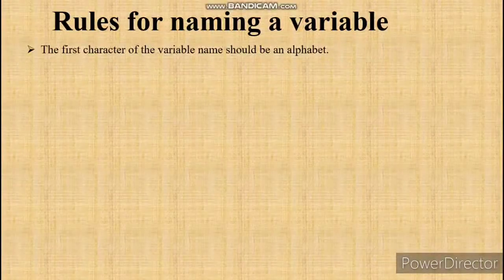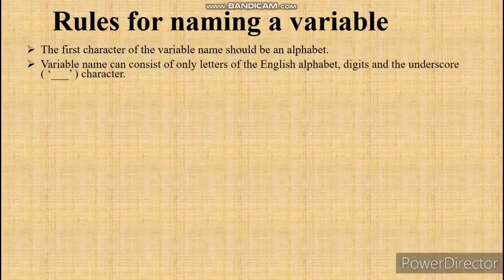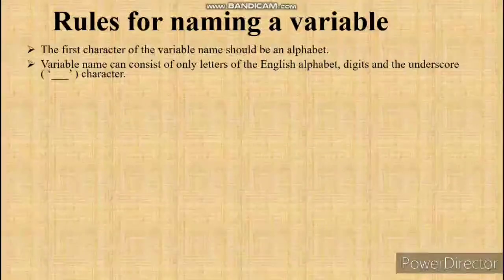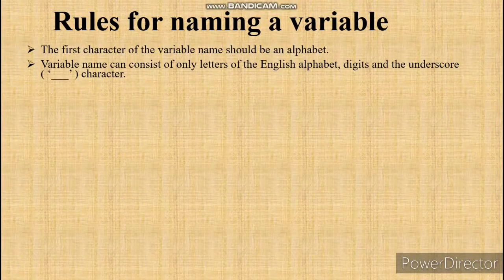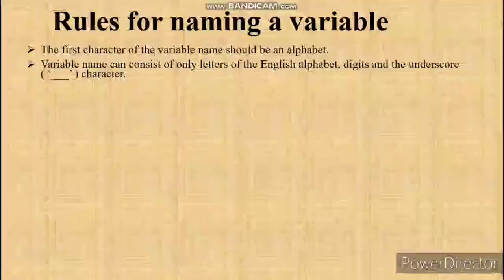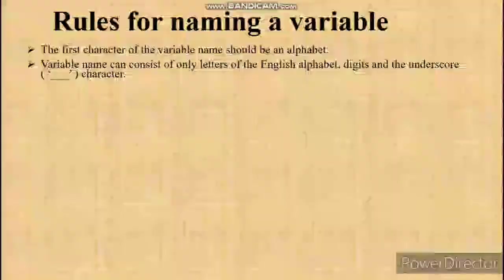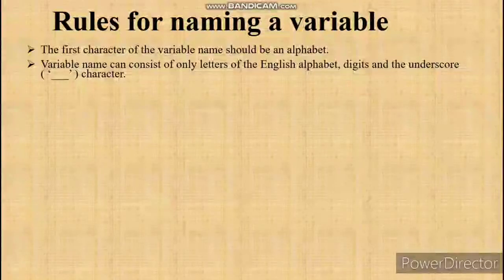Means variable name should start with an alphabet, right? Second point is variable name can consist of only letters of the English alphabet, digits, and the underscore character. You can give a variable name with a combination of English alphabet, digits, and underscore. No special character is used for naming a variable.